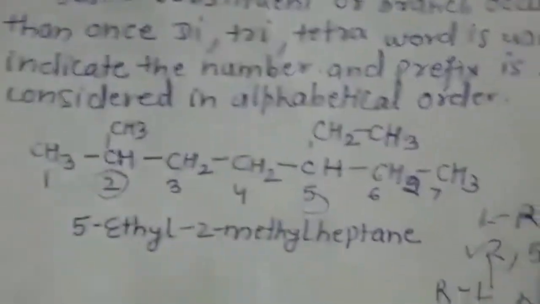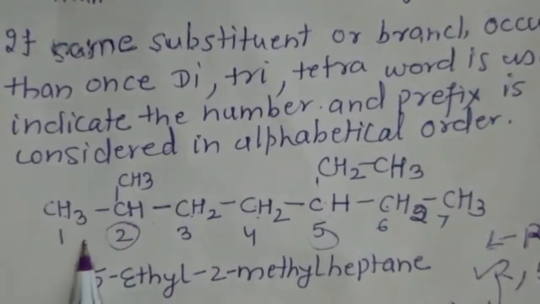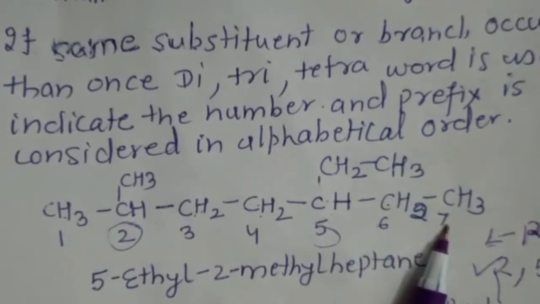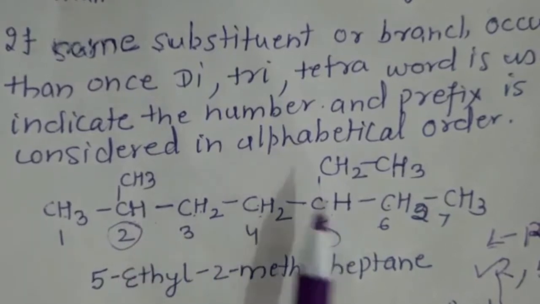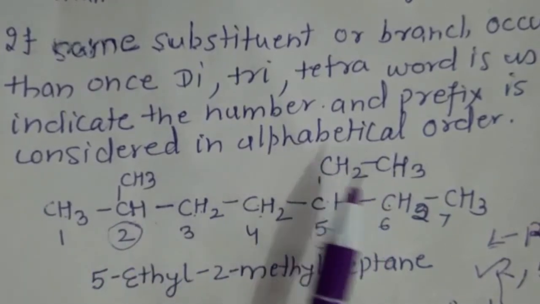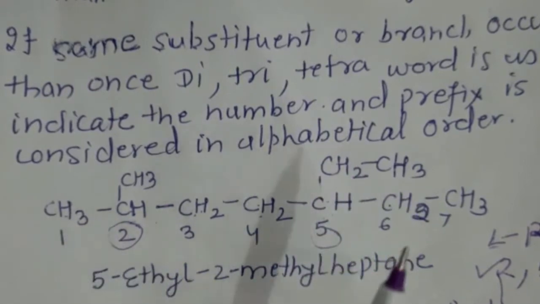Now let us take another example. Here in this case, the example still contains the maximum number of carbon atoms as 7. Here the position of the locant is at 2 position while moving from left to right, and the position of another locant is at 5 position while moving from left to right.